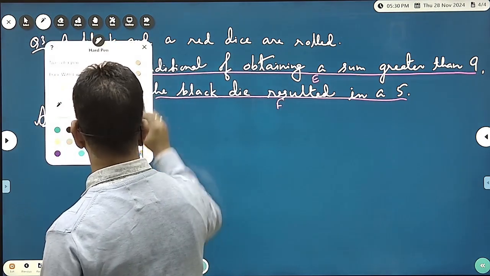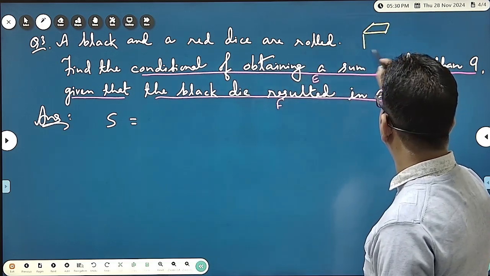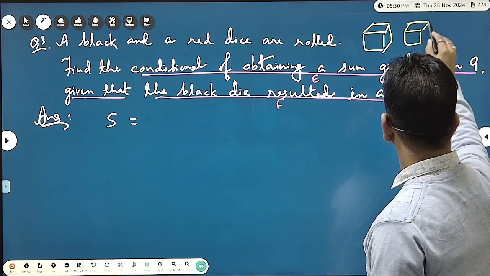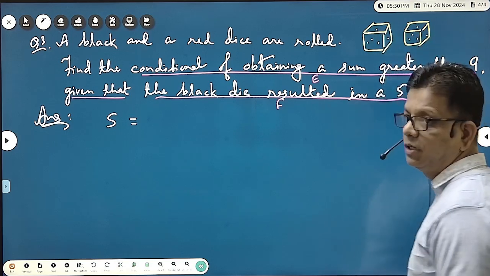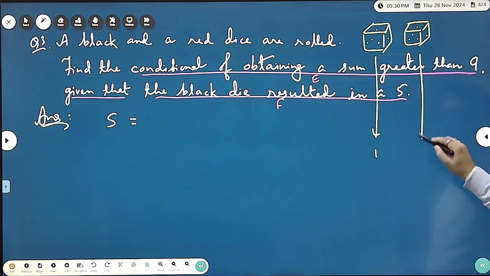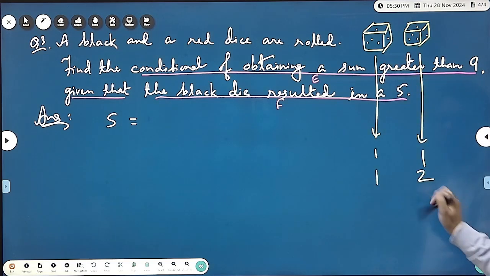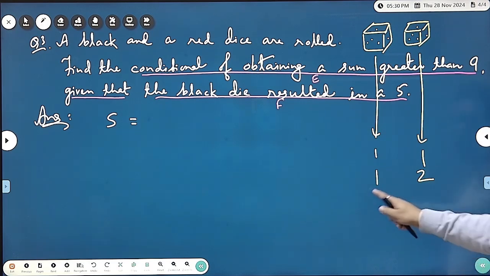We are not listing all the outcomes because it takes time. Two dice are rolled, die 1 and die 2. When they are rolled, it might give you 1, 1, then 1, 2, 1, 3, up to which number can come? 1, 6.